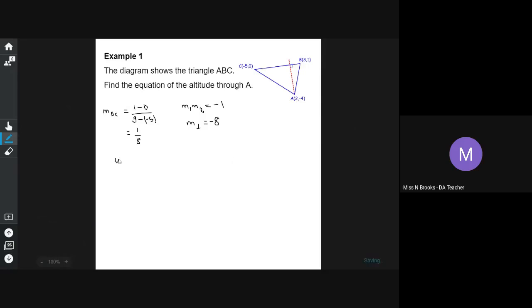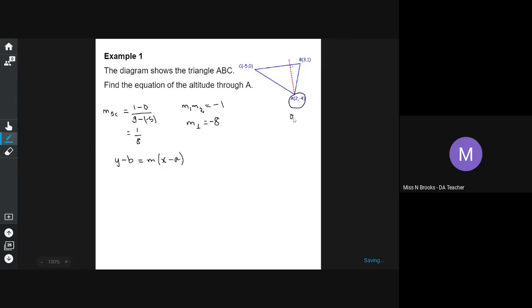Then, final step, we're going to write down the equation of our straight line, y minus b equals m(x minus a). And we're going to substitute in this coordinate here.